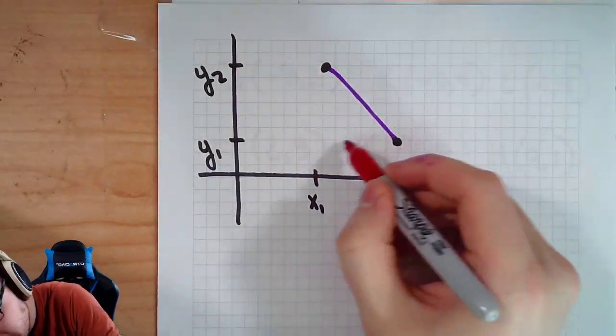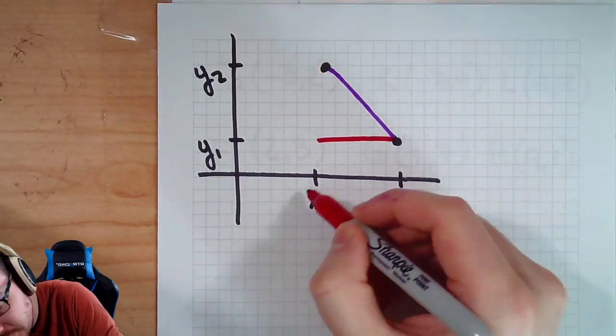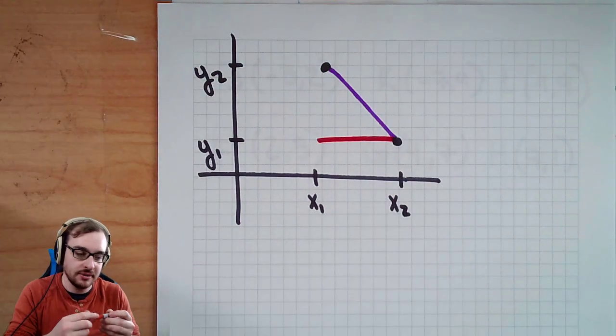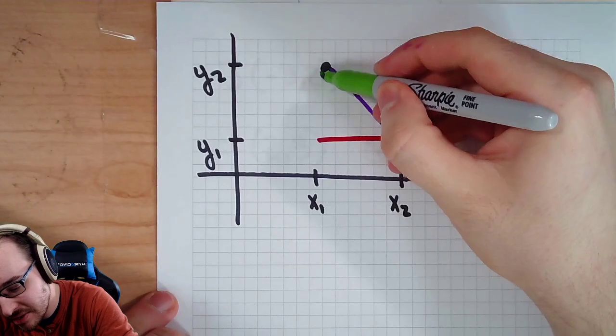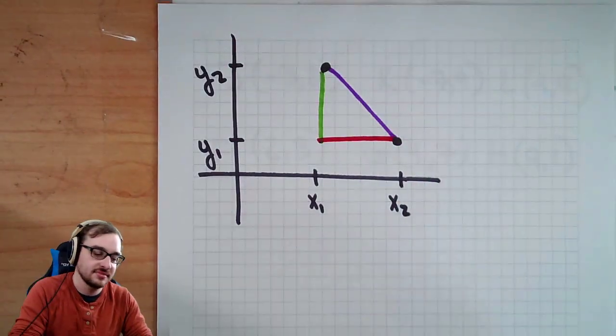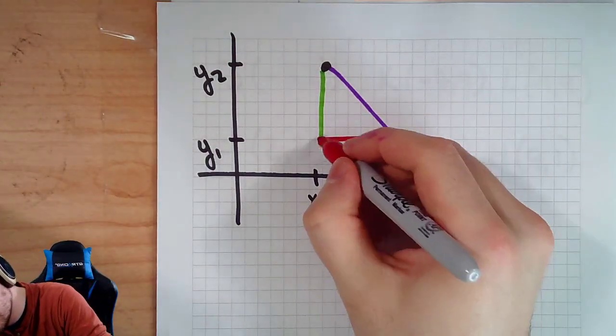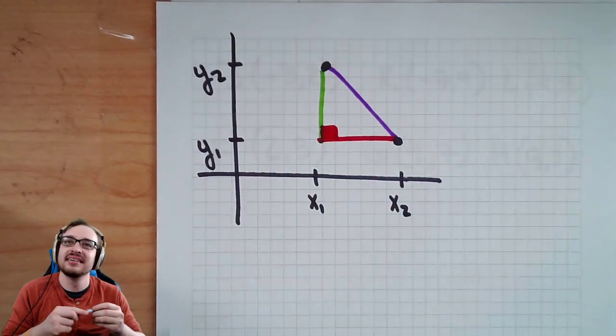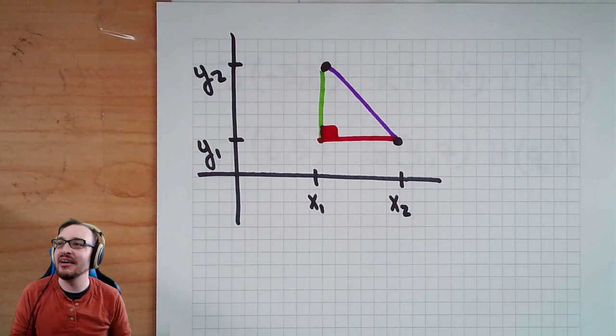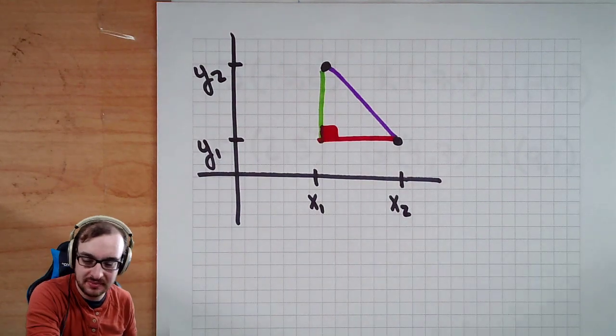The distance between the x values is this red line, and the distance between the y values is this red line. Those two lines are perfectly vertical and perfectly horizontal, which means it's a 90-degree angle. So very quickly, I now have a right triangle.